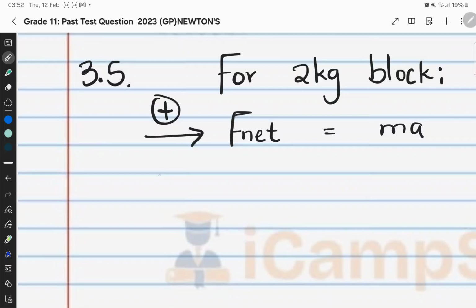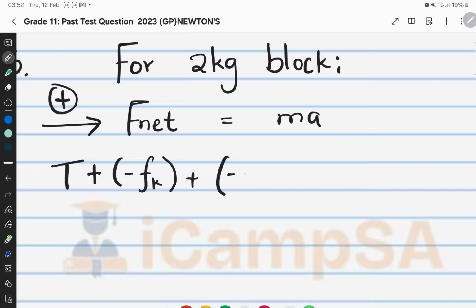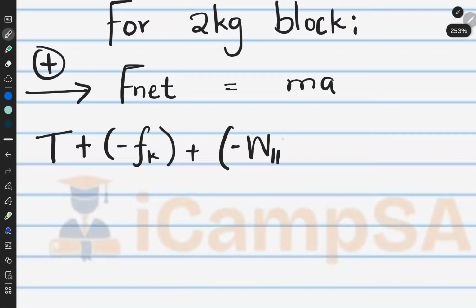So the only thing that will be positive here is T. T plus minus F_k minus my weight parallel is equal to my ma.